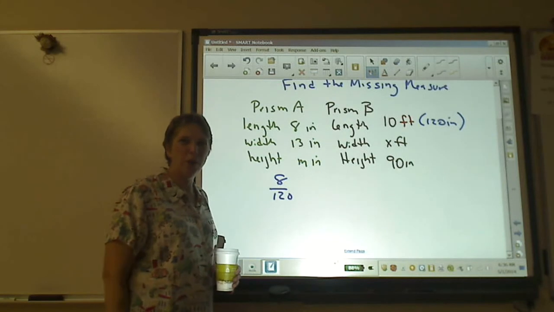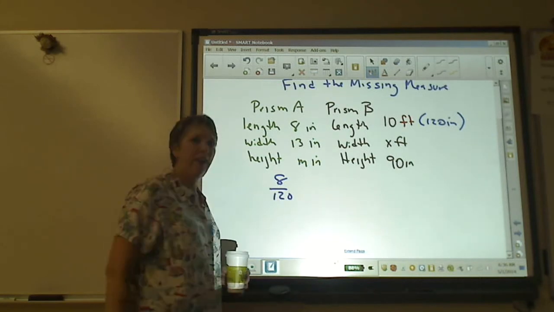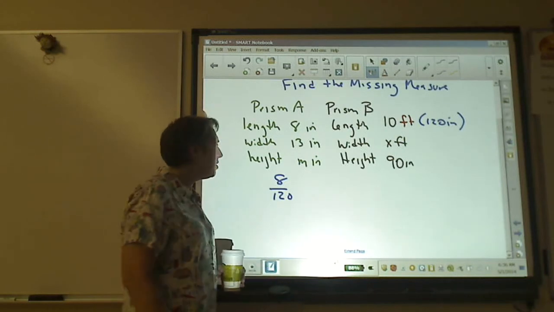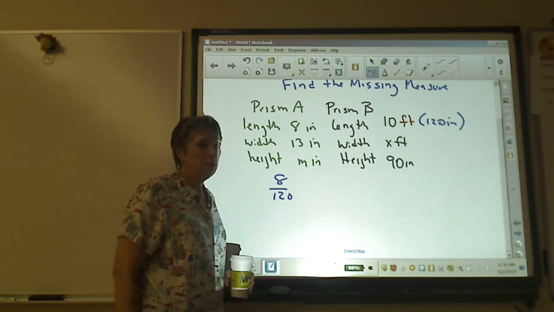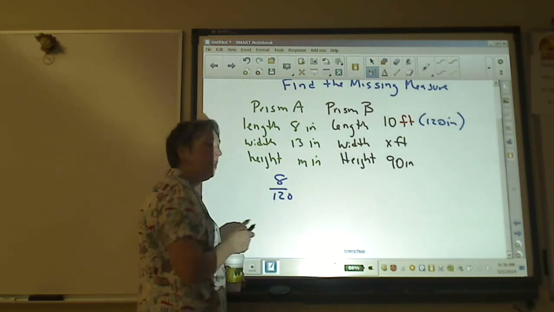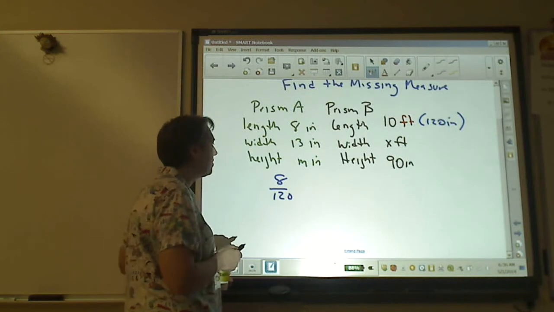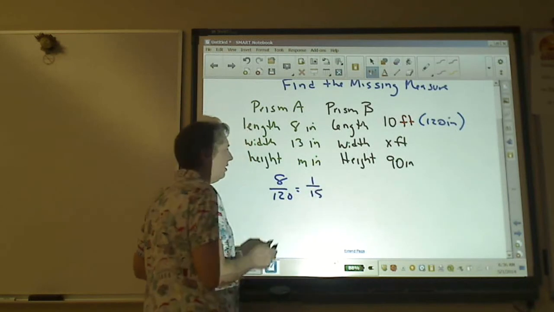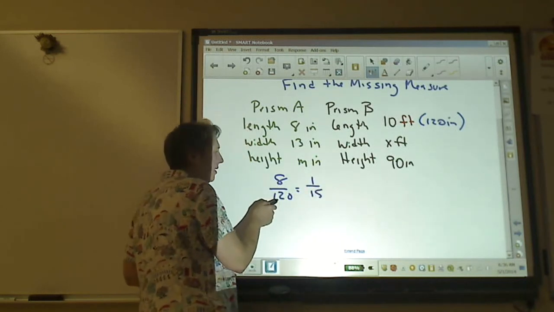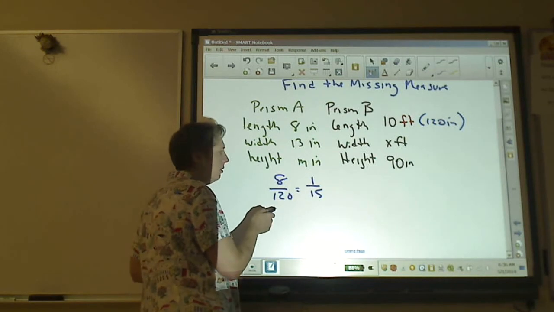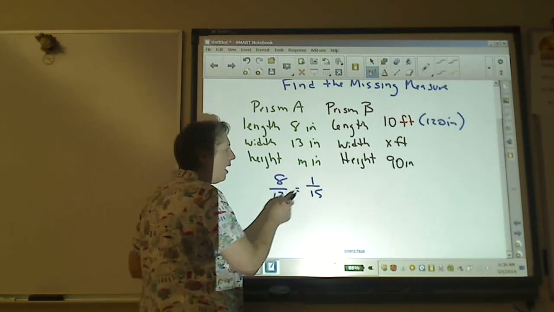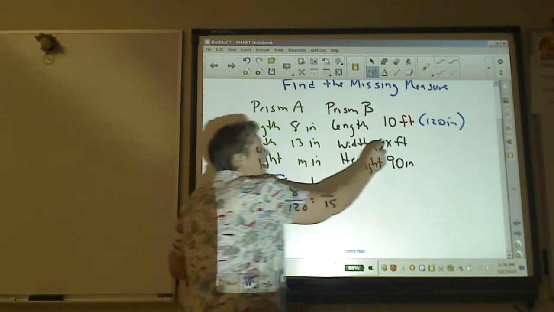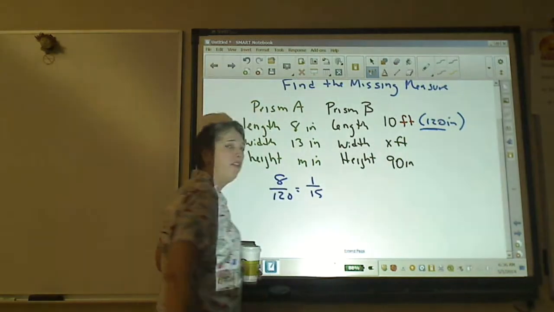Well, I'm going to simplify that because I don't want to work with that, even though you can use a calculator. 8 goes into 120 how many times? 15 times. So I'm going to change this to 1/15, because 8 goes into 8 one time. So now we have our one fraction that we can use, but this is in inches, remember, and we want to get this in feet.